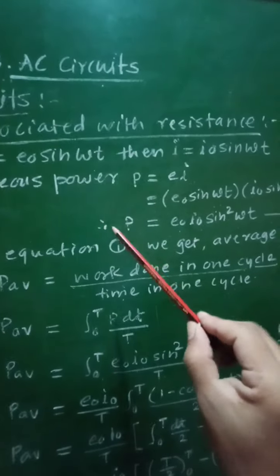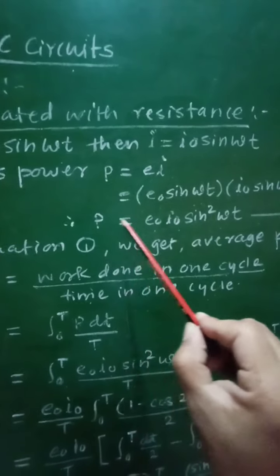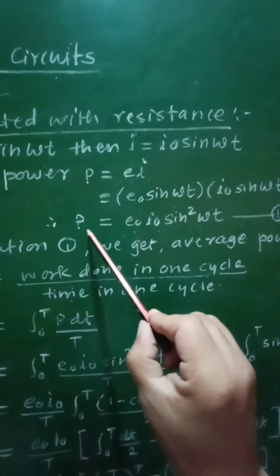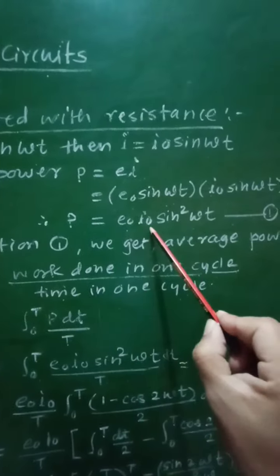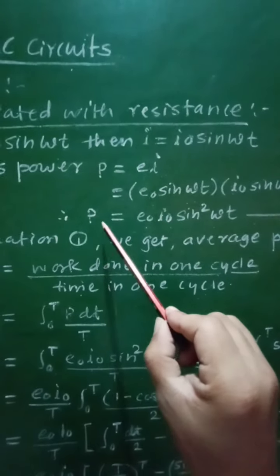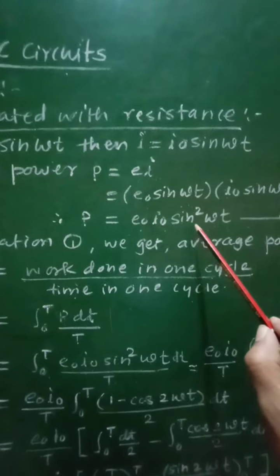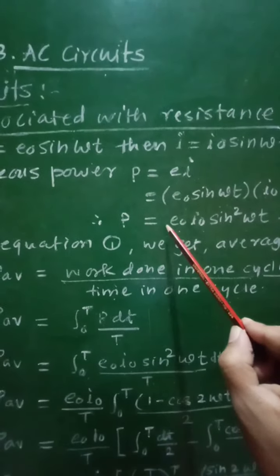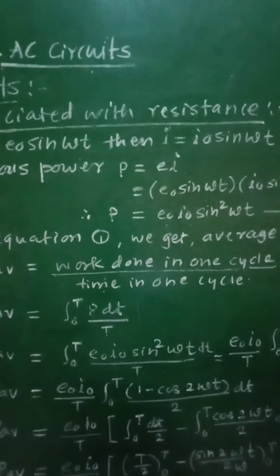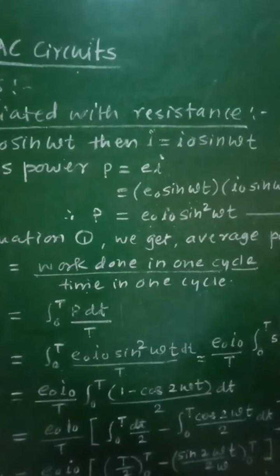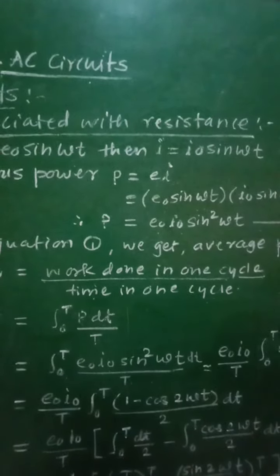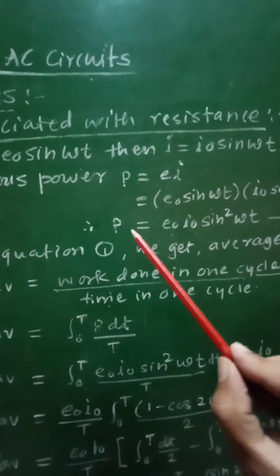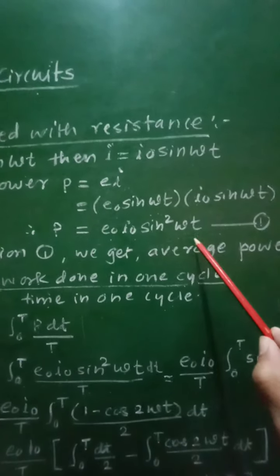Now, as instantaneous power P is equal to E0 I0 sin square omega t, we can say that the instantaneous power is varying with time. Therefore, in order to find the work done, we will consider the average power instead of the instantaneous power, and that average power will be obtained by integrating equation number 1.